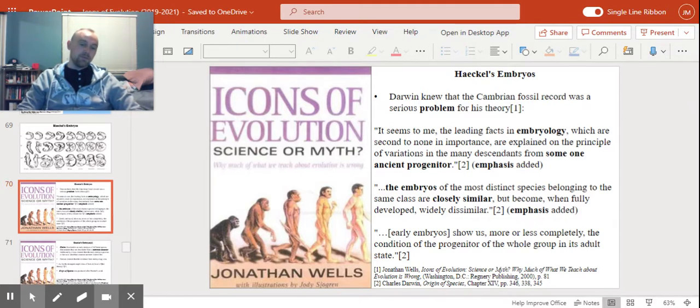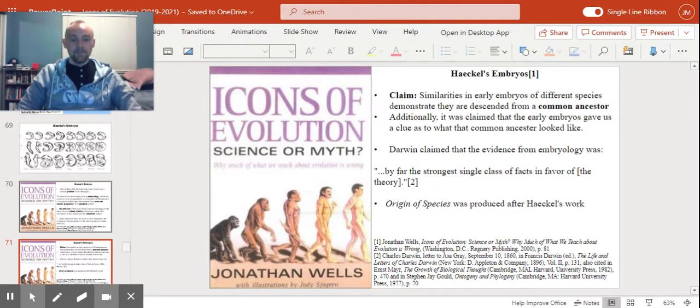He also said, early embryos show us more or less completely the condition of the progenitor of the whole group in its adult state. So basically, what these creatures look like in embryo, including human beings, is close to what the adult state of the ancient progenitor, this creature from which we evolved, looked like.